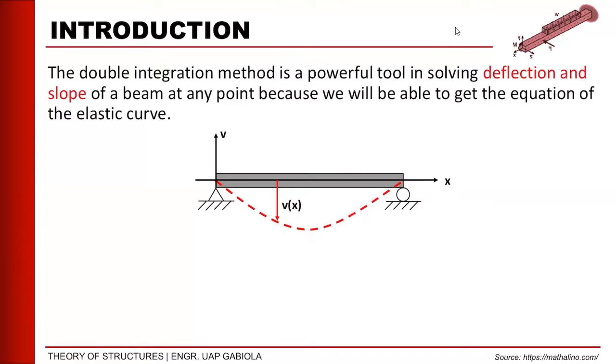So let's say the point that we will consider is this point. Okay? So yung vertical distance nung mula dun sa original location ng beam natin from the assumed deflected shape natin, yung height na yun o yung difference in the v-axis natin is called our deflection. So, ayan yung v of x natin.